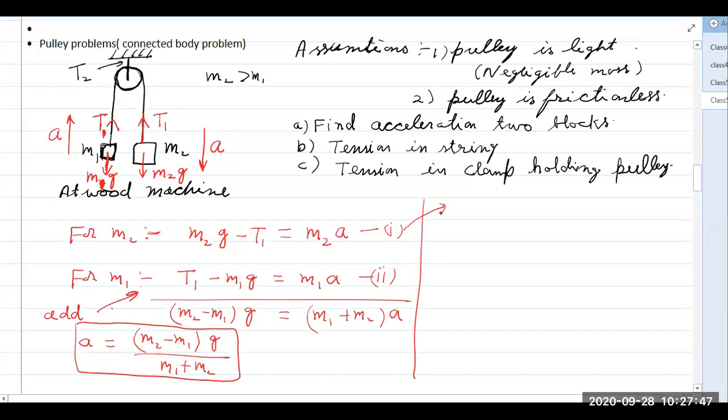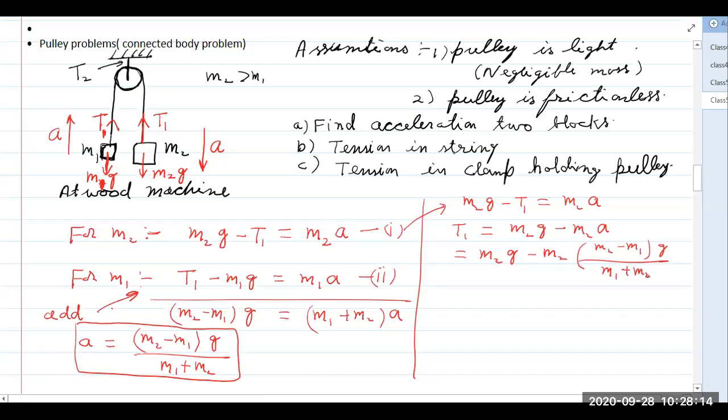For the tension in the string, we can use any of the formulas. Suppose we use the first equation. So we can write M2G minus T1 equal to M2A, or T1 equal to M2G minus M2A. And A is (M2 minus M1) G by (M1 plus M2).